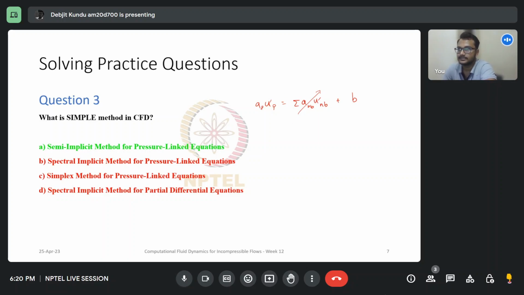So this term is dropped down to zero, assuming that this is zero. So some equation which was earlier implicit is now being approximated as something semi-implicit. That's why the method is known as semi-implicit method for pressure-linked equations. Okay, simple. Now we will move on.